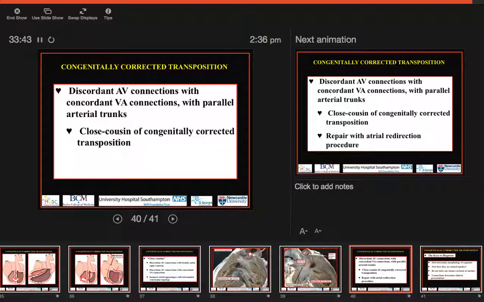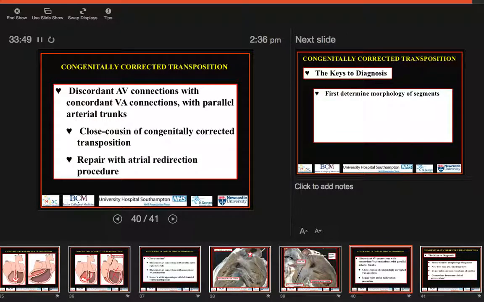We need to know what is going on. It is obviously closely connected to congenitally corrected transposition, but it is the perfect lesion simply to repair with the atrial redirection procedure. So close the VSD and do a Senning procedure.